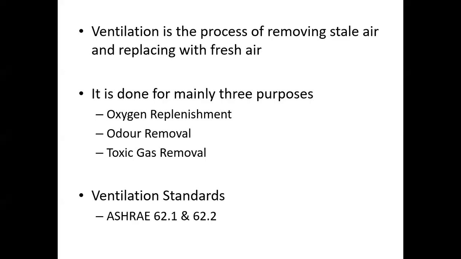CFM per person method, ACPH method, and one more, the CFM per square feet method. However, we will consider the CFM per person method and the ACPH method to find out the actual fresh air quantity required in each room according to the occupancy, isn't it? Once you get these values, you need to add up the sum total.